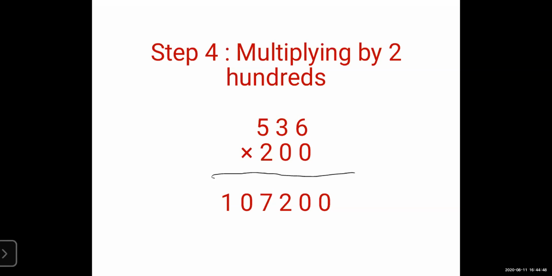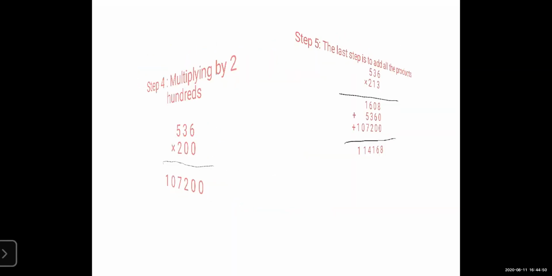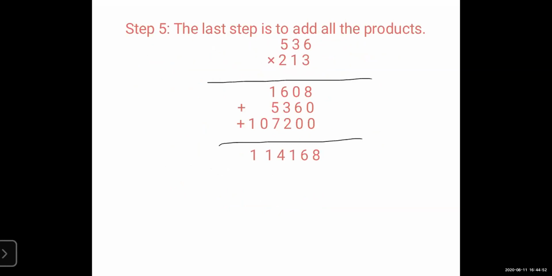Now again one step is there, that is step 5, and it is the most important step in the multiplication. Because if you want the answer in multiplication, you must know the step. The last step is to add all the products.